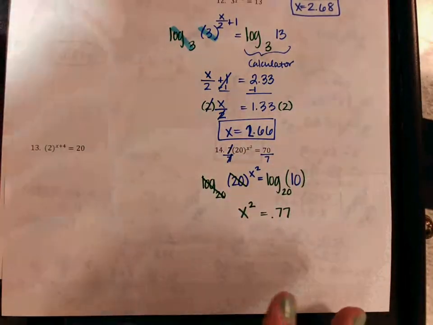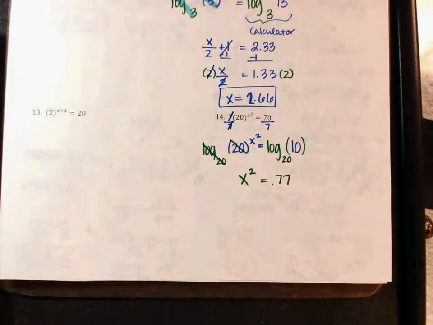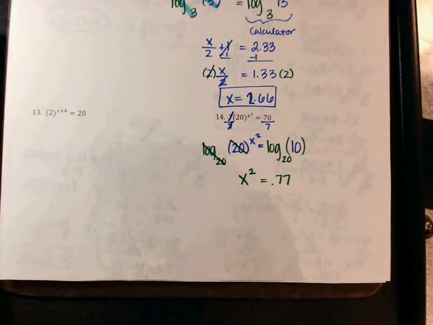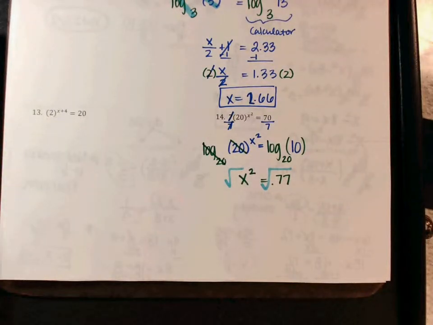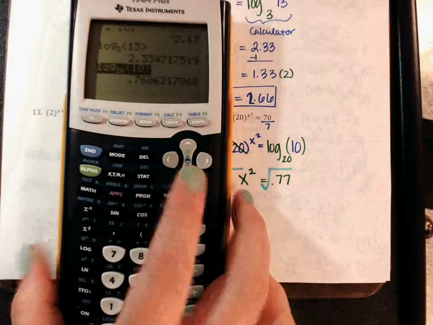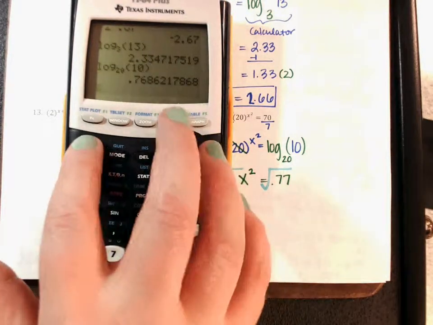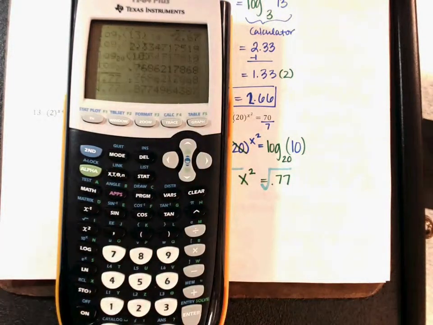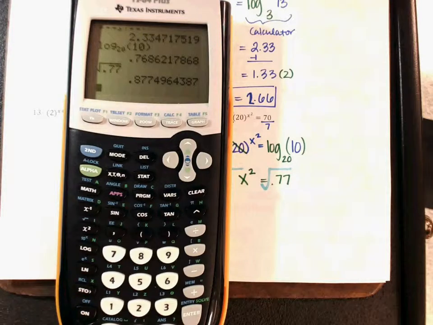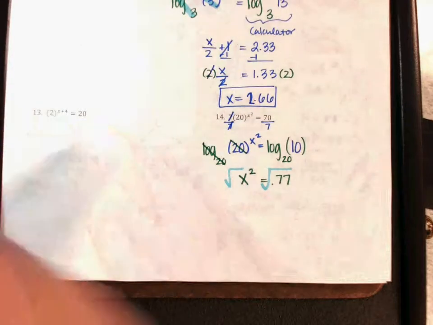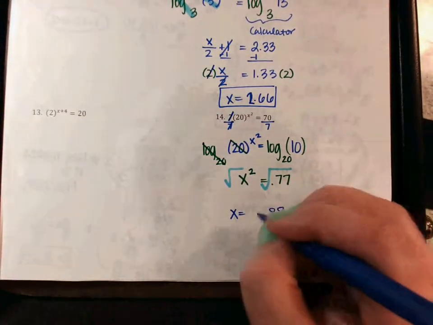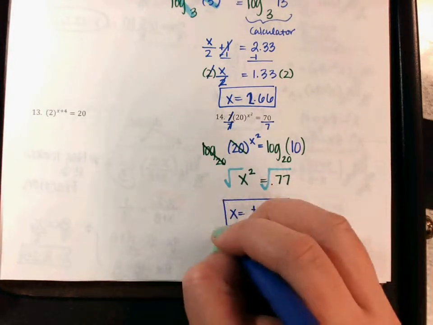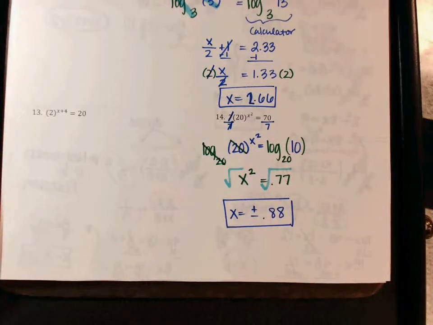What would my last step be on that one? Square root both sides. And remember that you can square root non-perfect squares. You're just going to get a decimal. Okay, so I'm going to take my 0.77 and I'm going to square root it. So I got 0.877, which is 0.88. Now, when I write that, what do I need to remember to put in front? Plus or minus. Very good. Make sense?